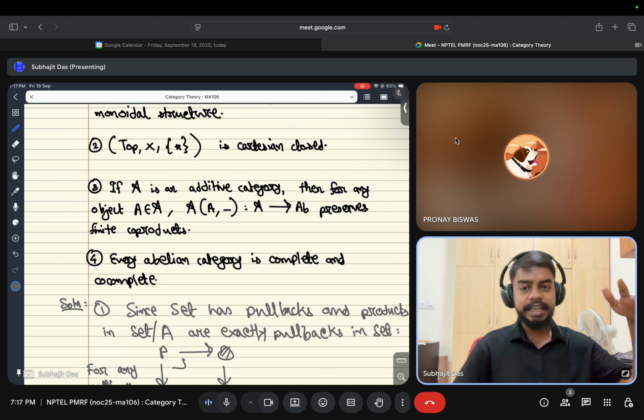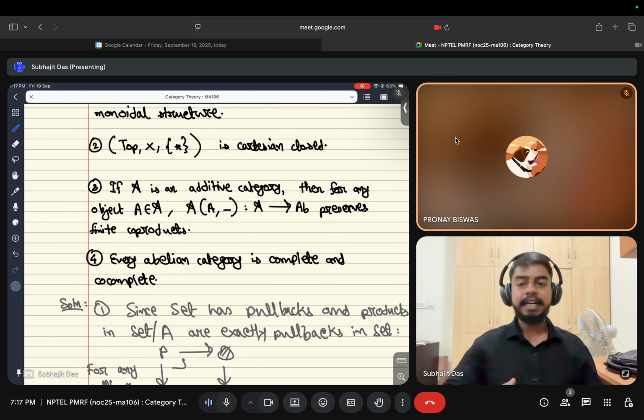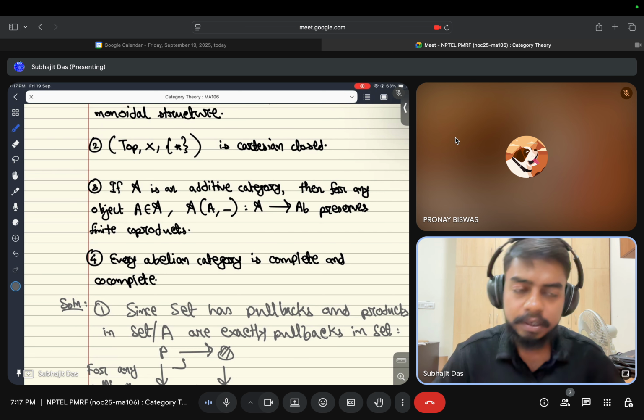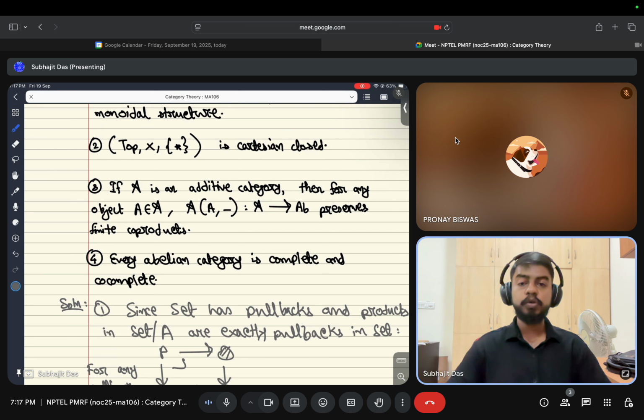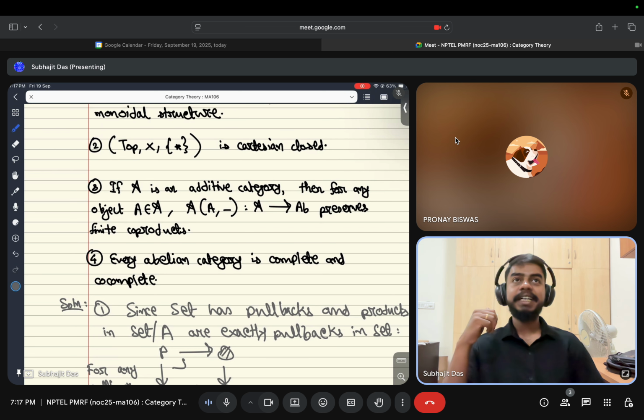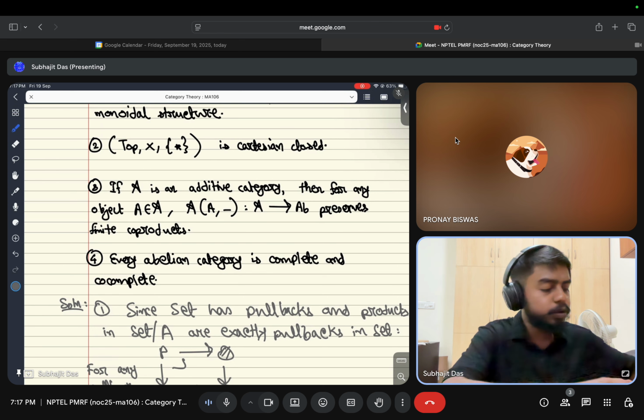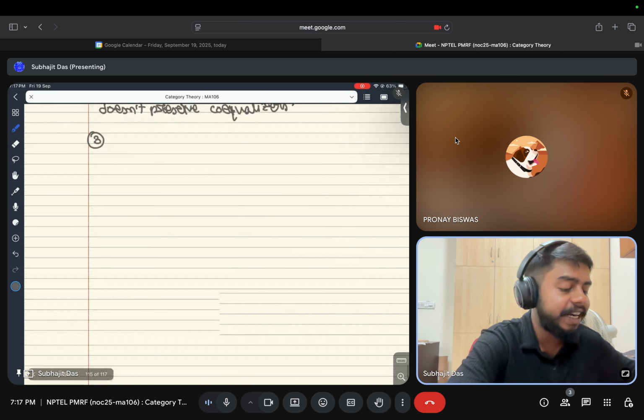Yeah. So the idea is basically this, that, for example, in the category of abelian groups, if you take a finite direct sum, you also have projection maps to each individual summand, right? So what is the idea of coproducts?